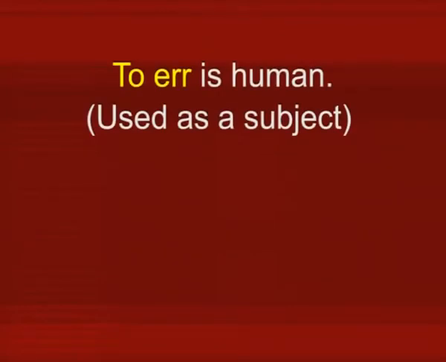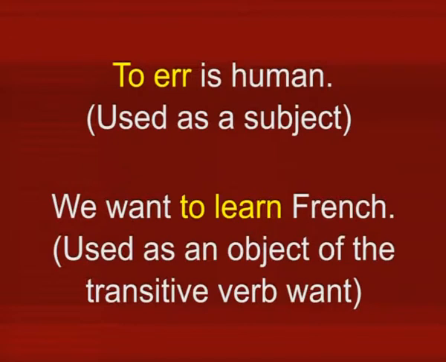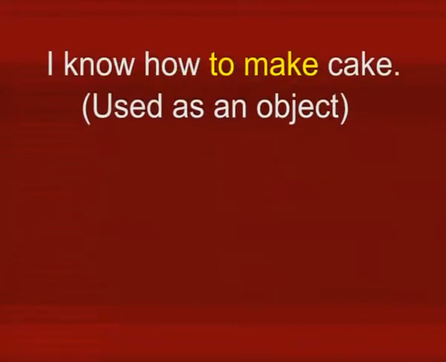Look at these examples. To err is human, used as a subject. We want to learn French, used as an object of the transitive verb want. I know how to make cake, used as an object.